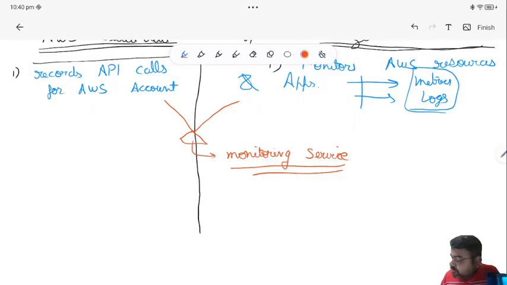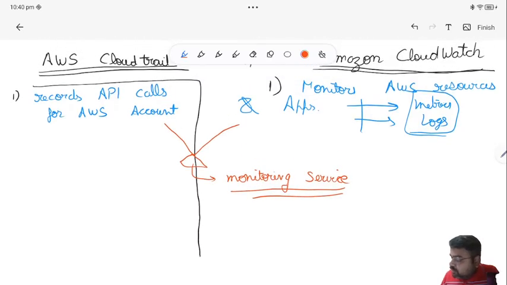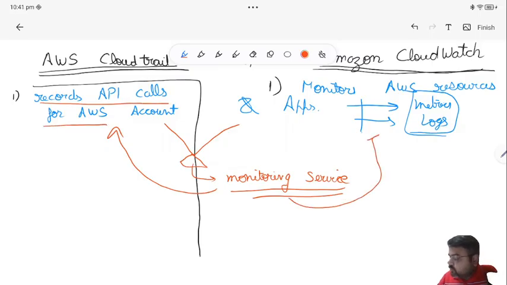What CloudTrail monitors is the API calls, and what CloudWatch monitors is the metrics plus logging part. Both are managed kinds of services. So AWS has designed these services for us to directly log the application logs or the resource metrics we are using. Similarly, CloudTrail is used to log the API activities we do in our AWS account.